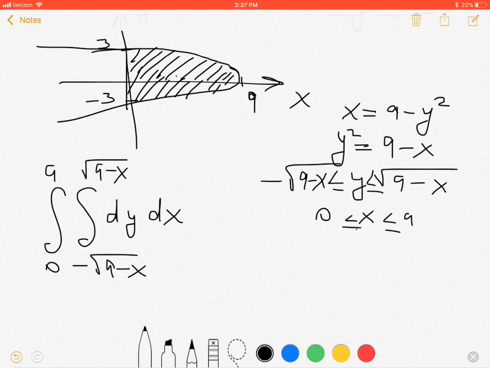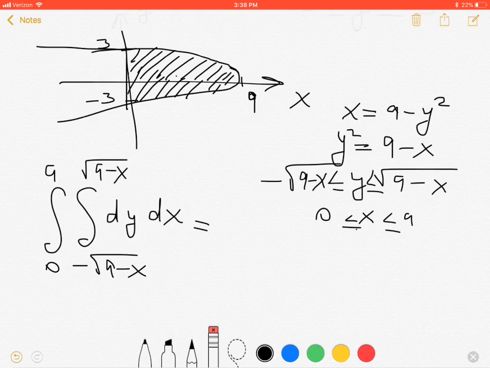How to solve it is your choice. For example, I solve here. It's absolutely the same, no problem with solving.